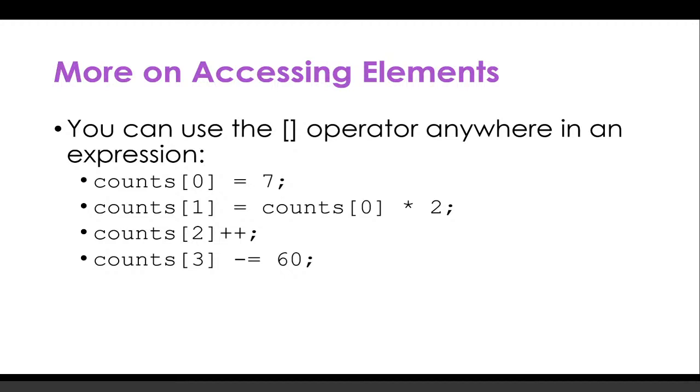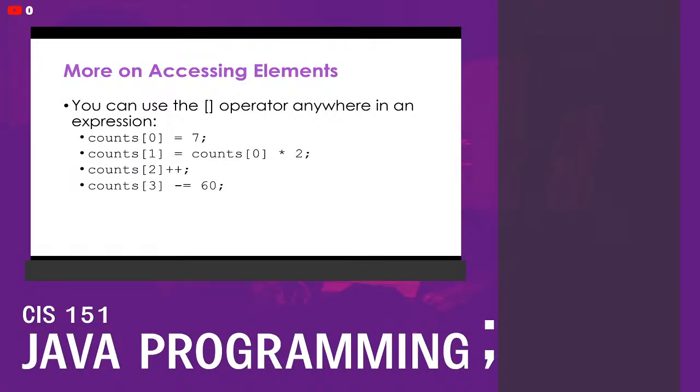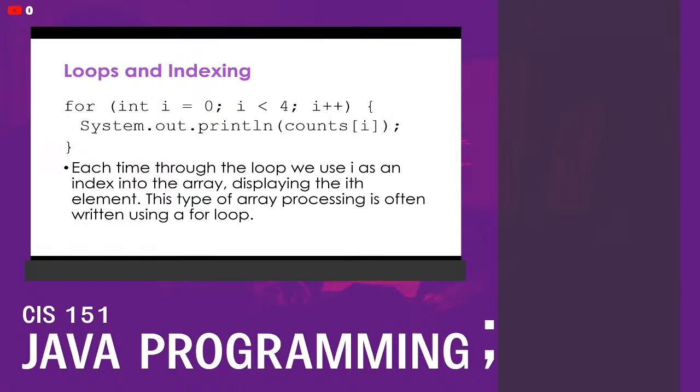Right, so let's just look at a few more things really quickly. Because I want to have this slide here as a text element for looping and indexing. Because this is exactly what we did to change the data values in our slide.